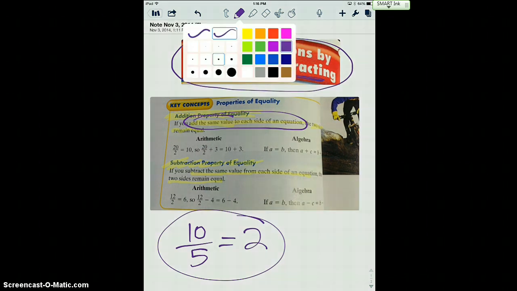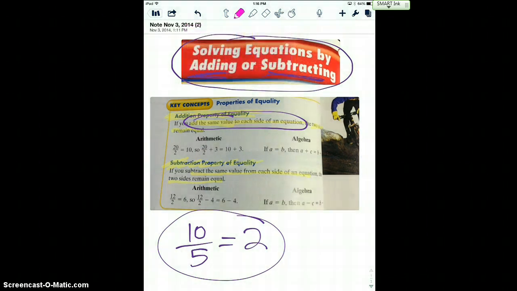So if I take 10 over 5 and I add 1 to it, it should be the same as not 2, but 2 plus 1 by the addition property of equality. So is it the same? Well, 10 divided by 5 is 2, and 2 plus 1 is 3. And 2 plus 1 on the right side is 3. So yes, they mean the same thing.